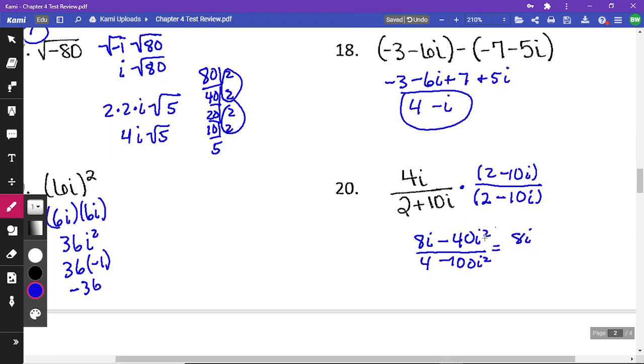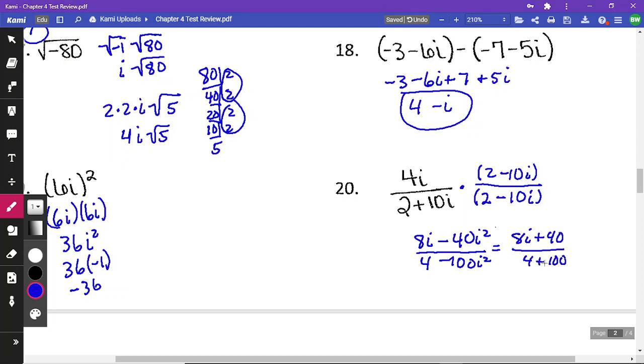The i squared is negative 1, so that will make it negative 40, right? 40 times negative 1 is negative 40. We're subtracting negative 40, so that's the same as adding 40. And then the denominator, we have 4 minus 100i squared. Well, 100i squared is negative 100, so it's 4 minus negative 100, which is 4 plus 100.